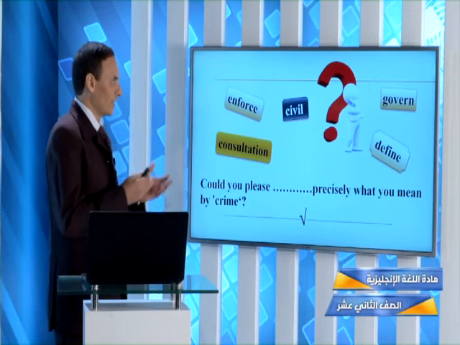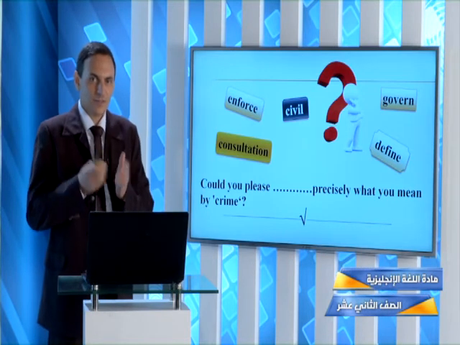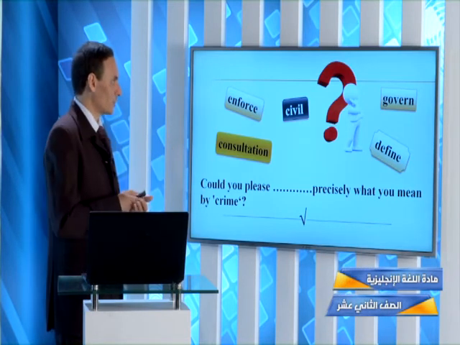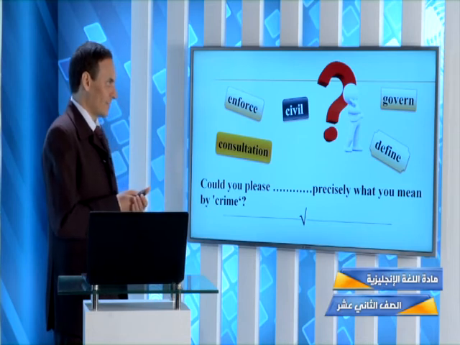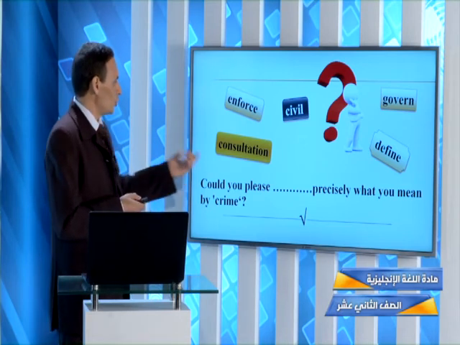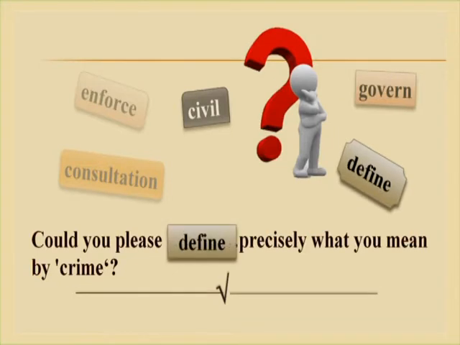This is one way of narrowing down the list of words in a gap-filling exercise. So, could you please define precisely what you mean by crime? To define means to give the meaning of a word.